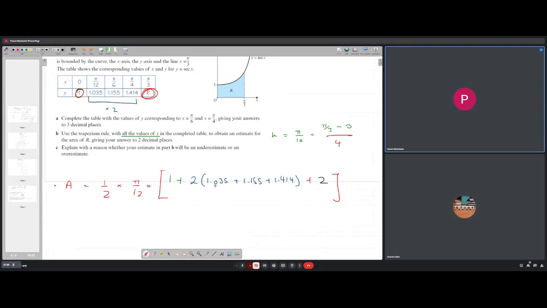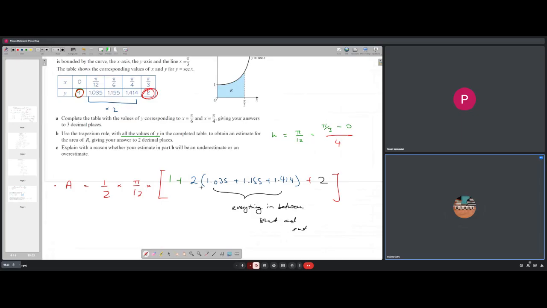And that's it. That's all the trapezium rule is. That's not that bad, right? So don't forget that. And then you get an answer if you plug that into your calculator. So you would get an answer of 1.34, they say? Yeah.